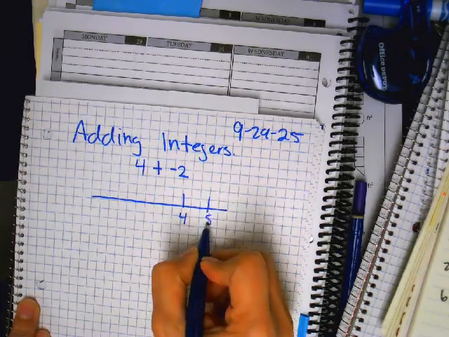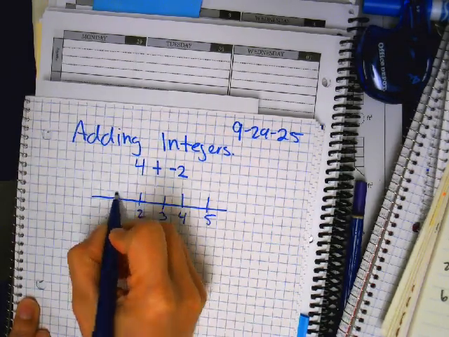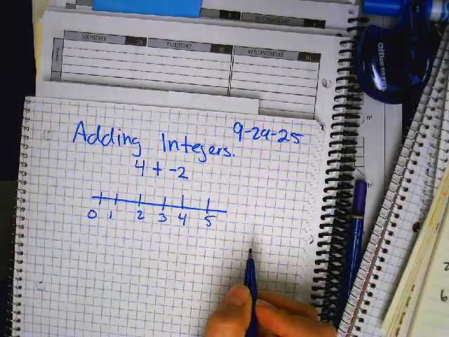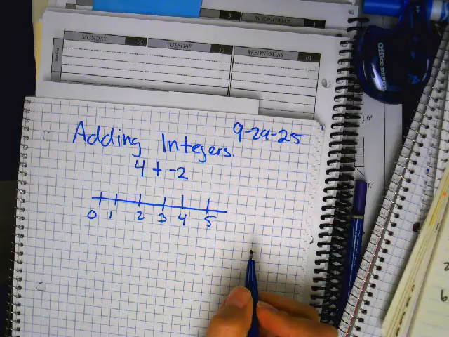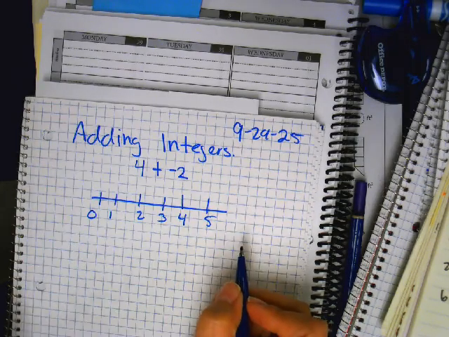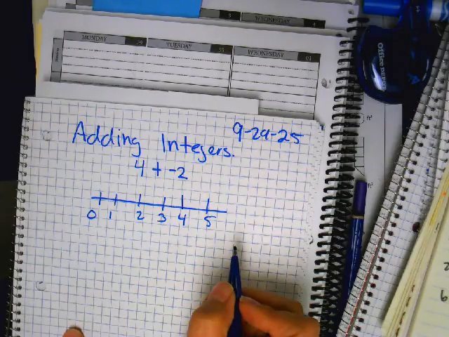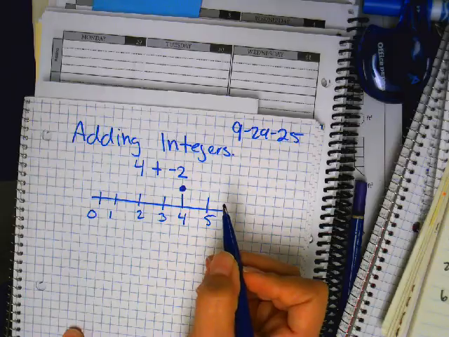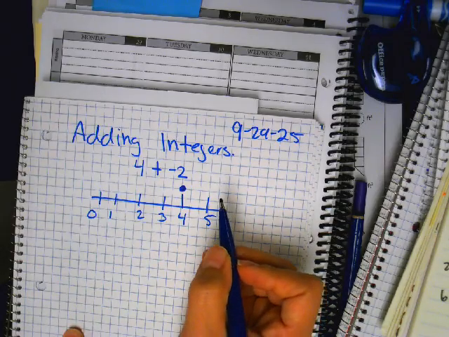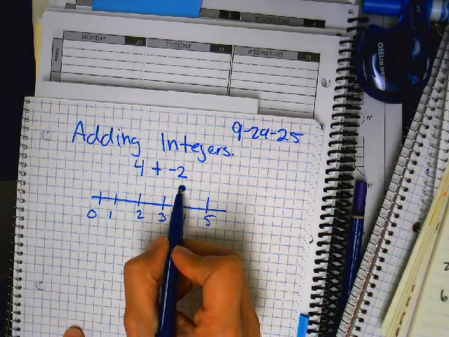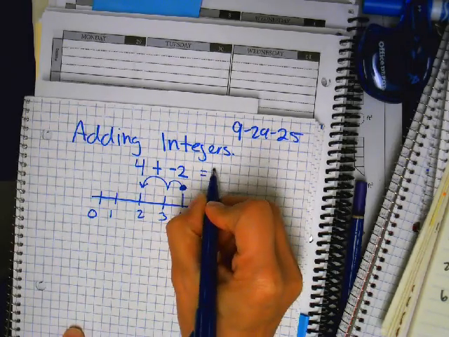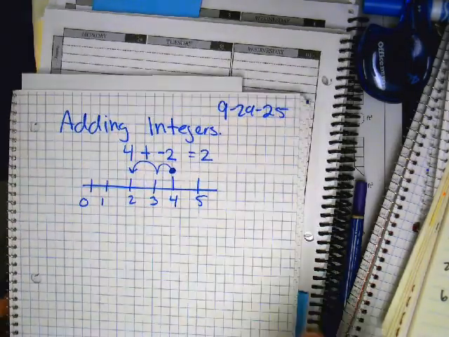Where do I start? At 4, and then go back 2 spaces, so it equals 2. Do you remember how to do it on the number line?